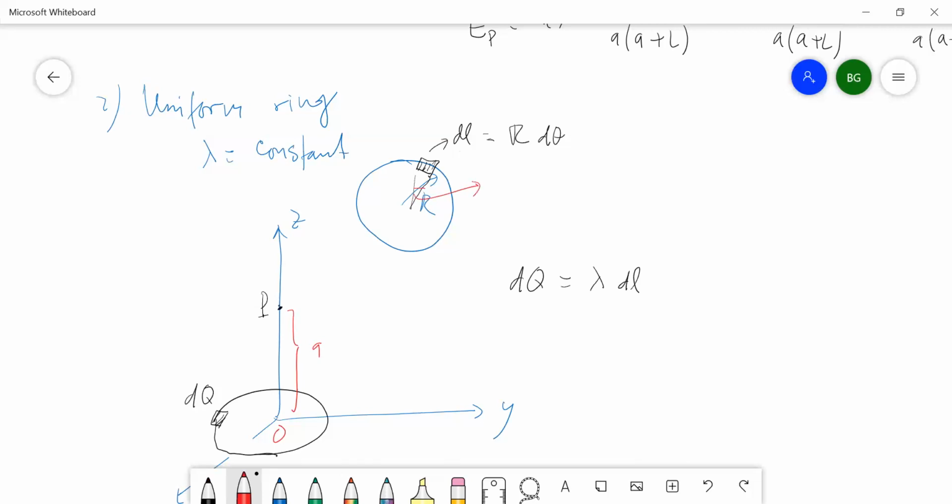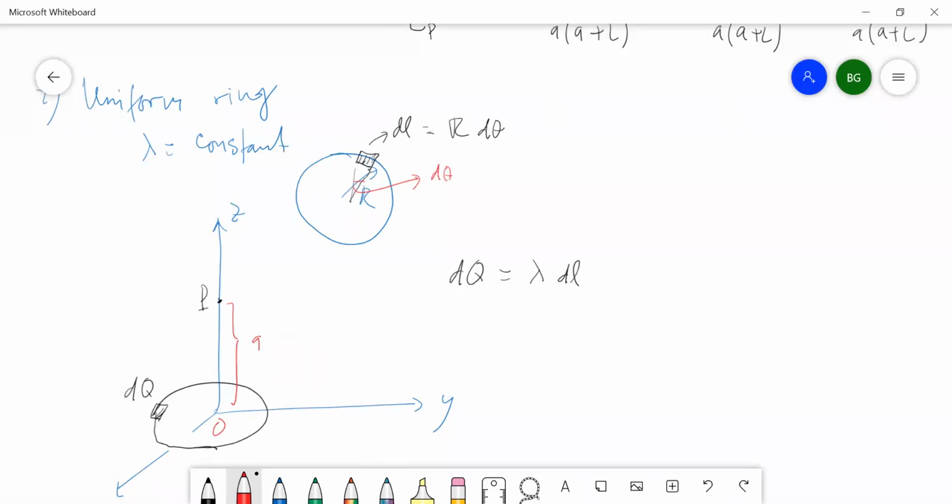So dq becomes lambda r d theta. Because lambda is constant, the total charge Q is lambda times 2 pi r.